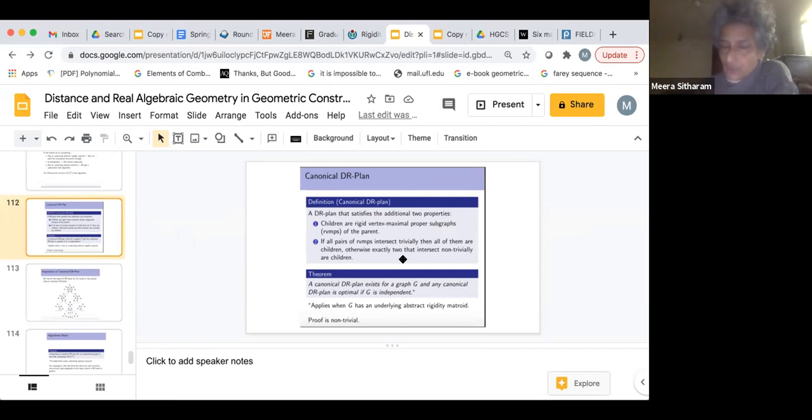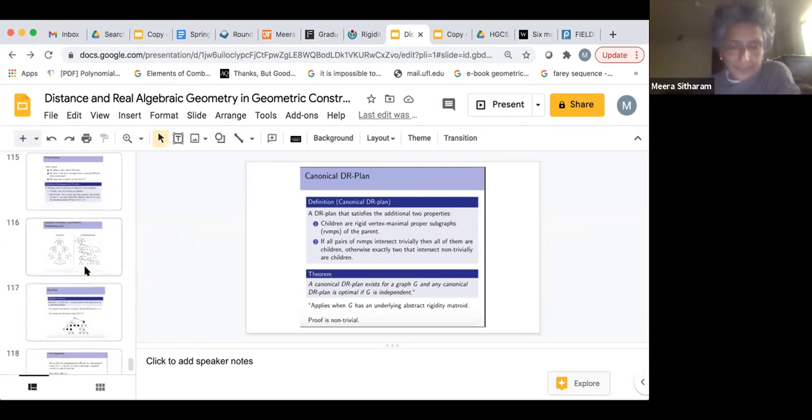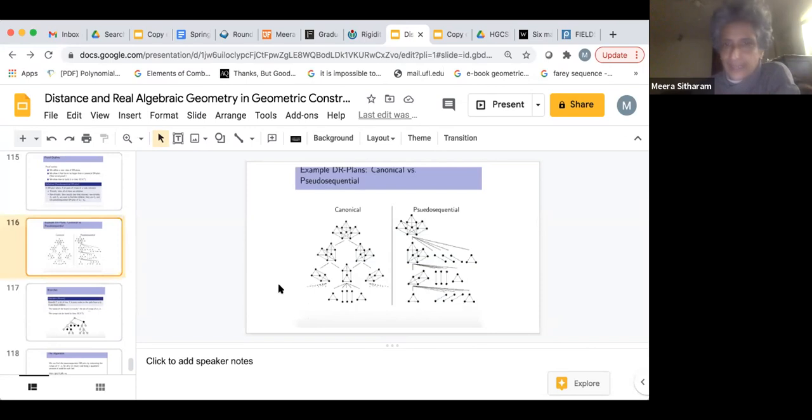It could have multiple roots. So the original graph need not be rigid. We're splitting it up into rigid subgraphs. And the original graph itself may have come with some rigid subgraphs, so that's something that we are maintaining here. This is called a pseudo-sequential DR plan.